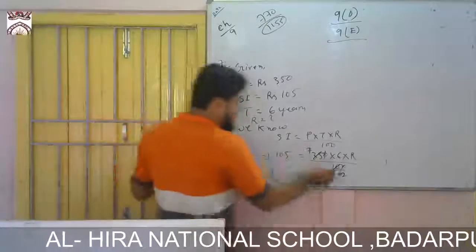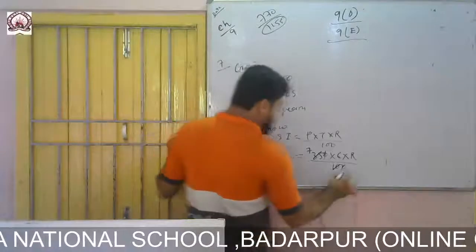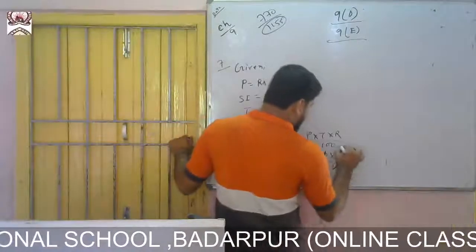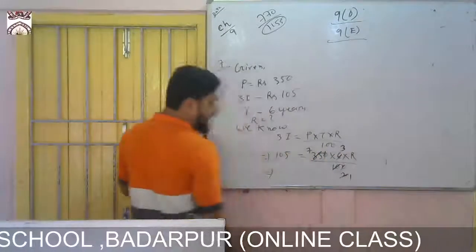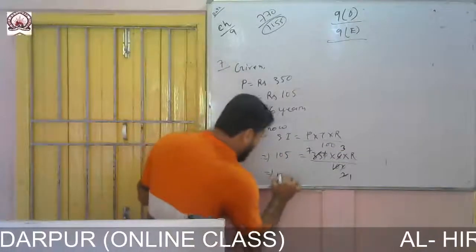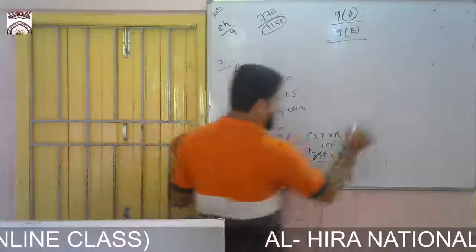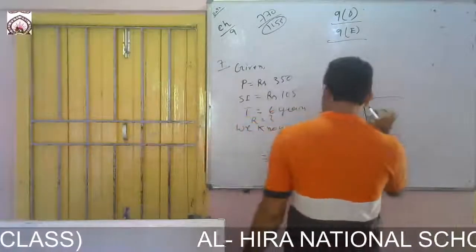Now what remains, you can cancel this one. 2 ones are 2, 2 threes are 6. So 7 threes are 21 R. So you can write 105 equals 21 R.